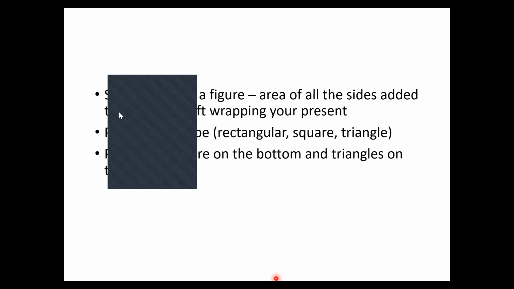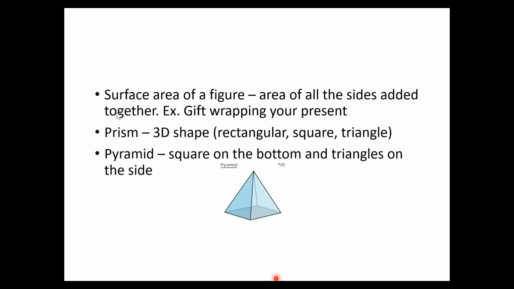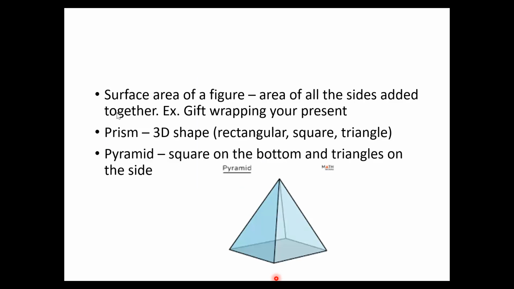So here is a shape of a pyramid. Do you see how there's a square on the bottom and the triangles are on the four sides? Do you see that?